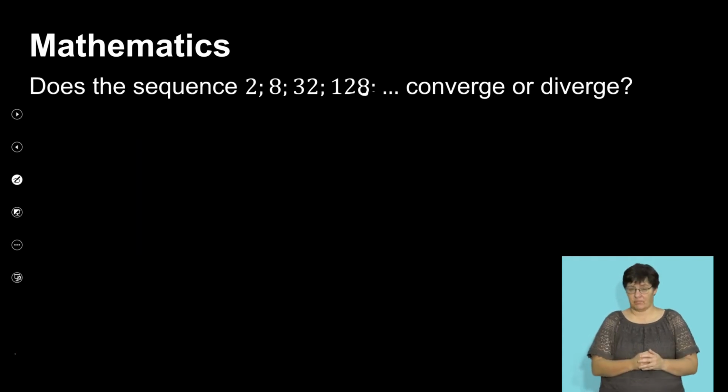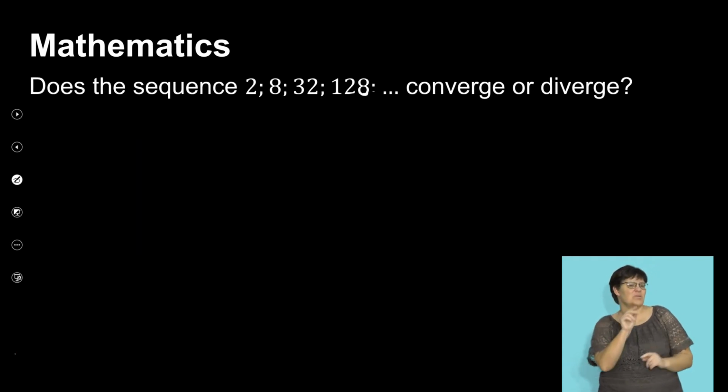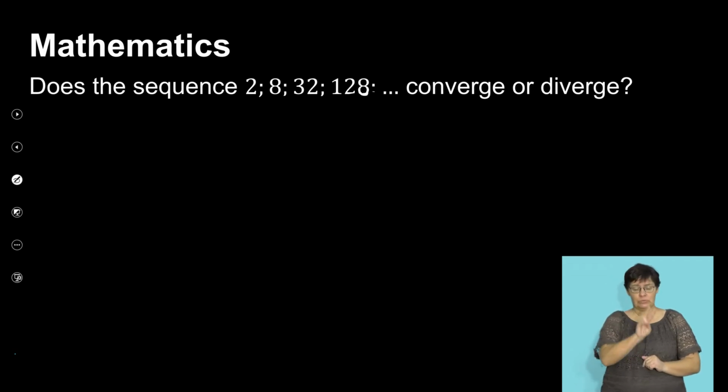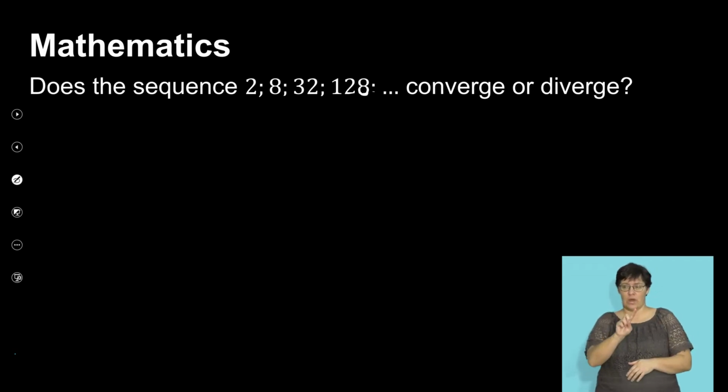Cool, so this example is asking, does the sequence 2, 8, 32, 128 converge or diverge? So we just have to remember the first property of a sequence or a series that converges is that the terms are getting closer and closer to 0.